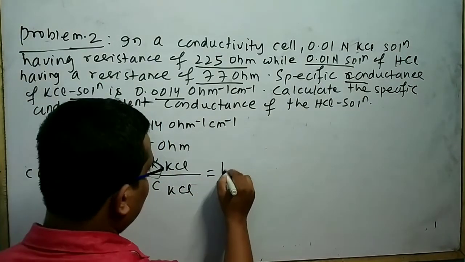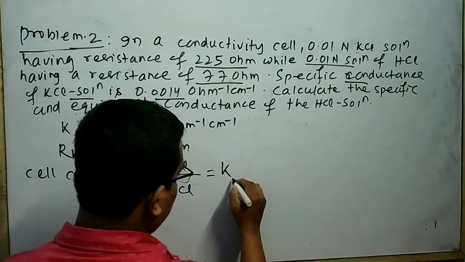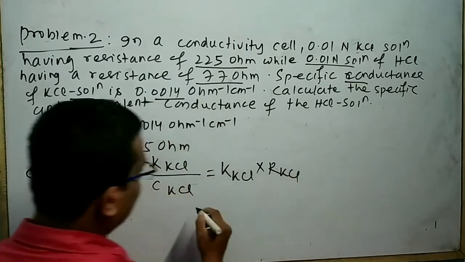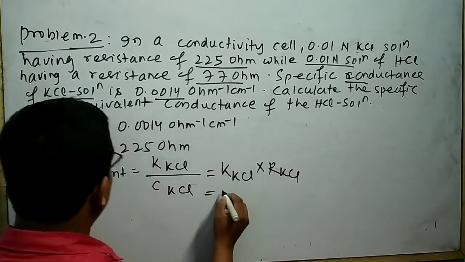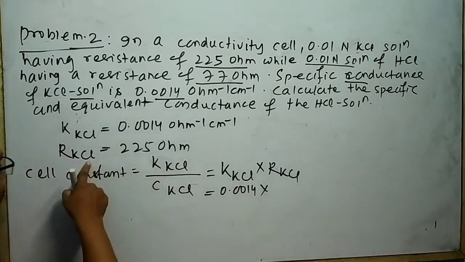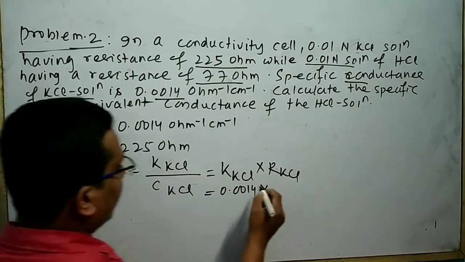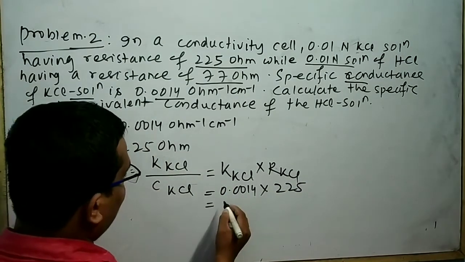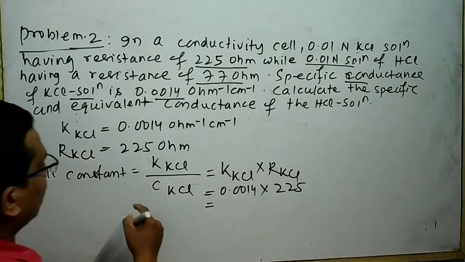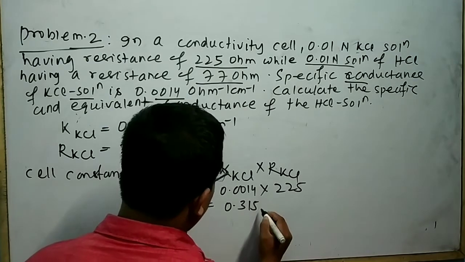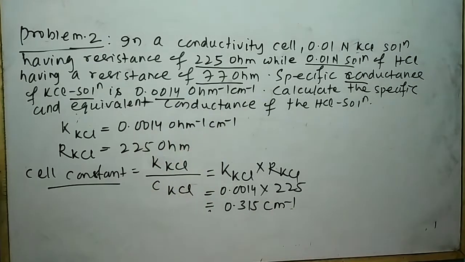So I can write specific conductance for KCl into resistance for KCl. That means I can write 0.0014 into resistance for KCl equal to 225. If I solve this, then the cell constant is equal to 0.315 centimeter inverse.